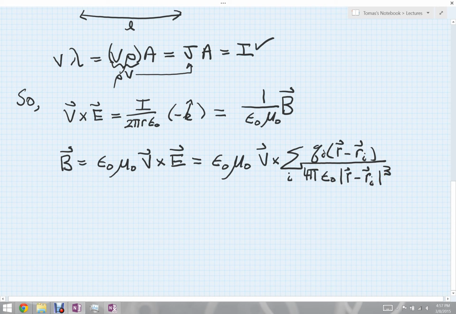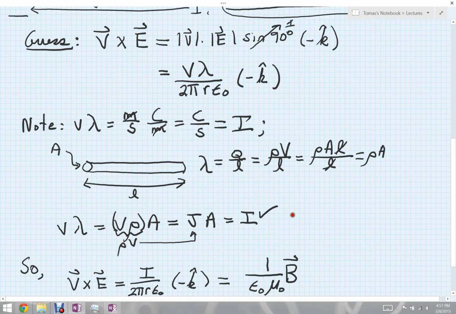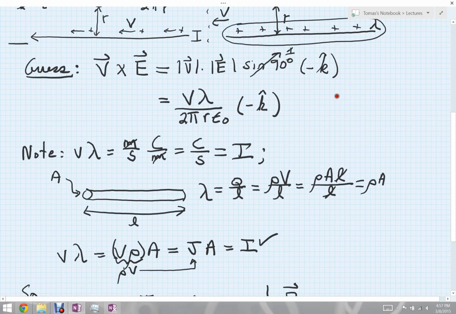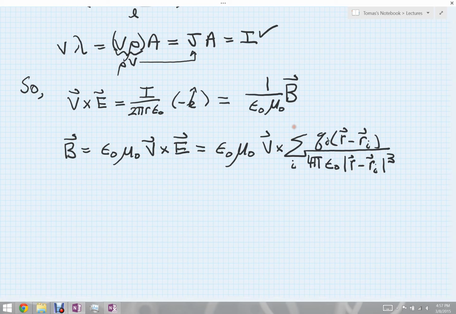Now let's see how we're doing. This is starting to look a whole lot like, in fact, what we were hoping. I've got a sum, I've got charges, a velocity, actually a particular kind of multiplication, a cross product.